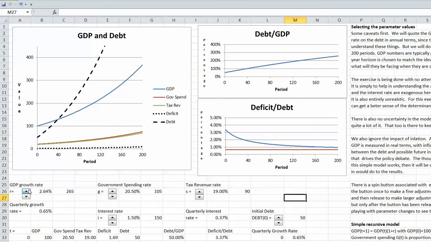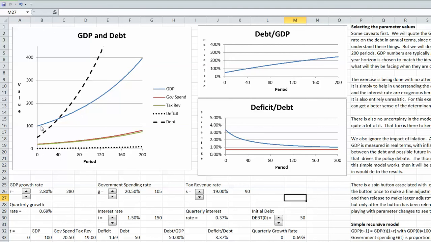If you raise it, I'm going to raise it back to 2.8%. It gets it there. The maximum for R is 3% in this simulation. These are all interpreted as real values, so no inflation whatsoever. 3% growth on a sustained basis is fantastic.